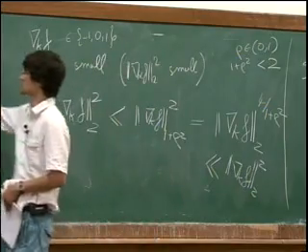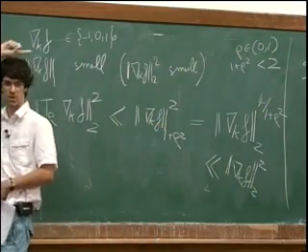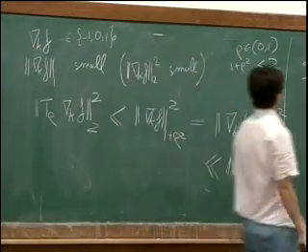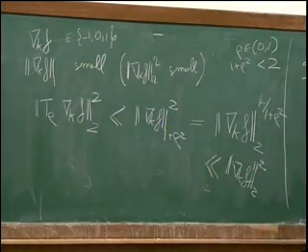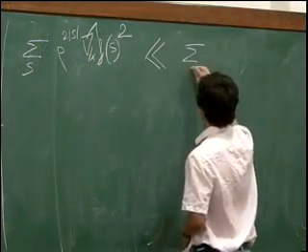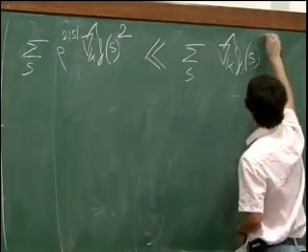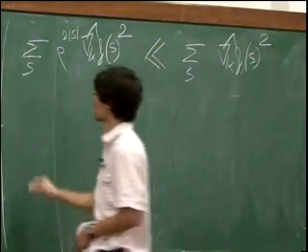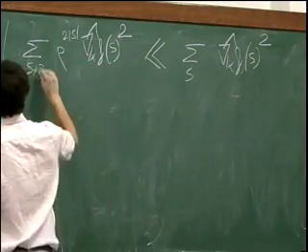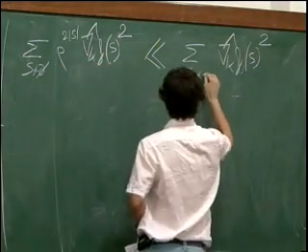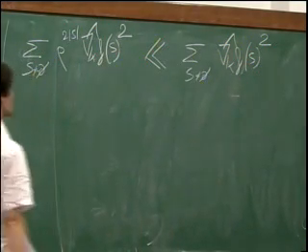It's because the L2 norm squared of this is what I wrote here. We're saying that this is much smaller than the sum over s of this. And remember that the average is 0, so we get that.